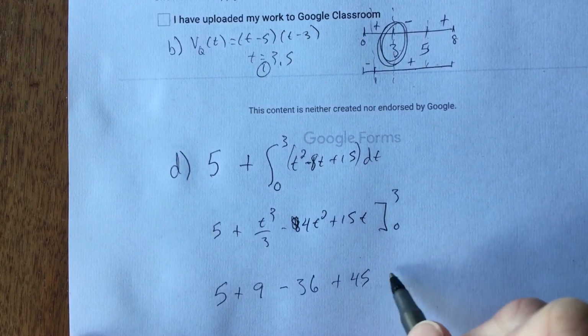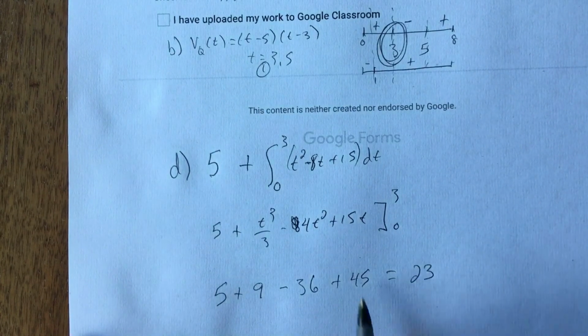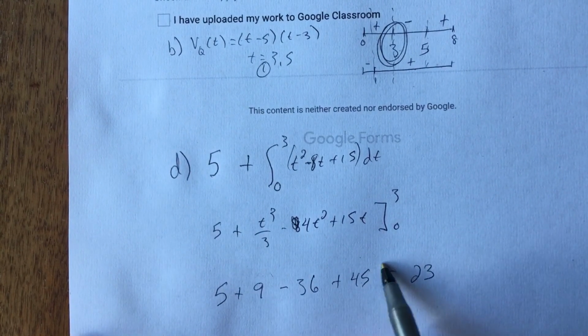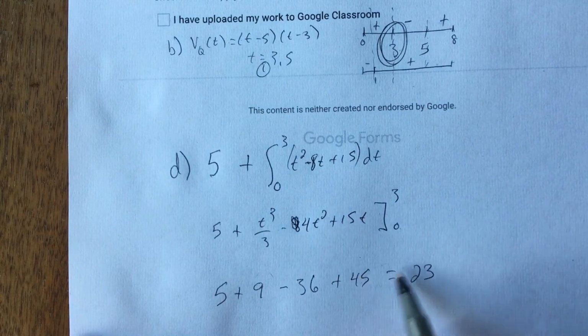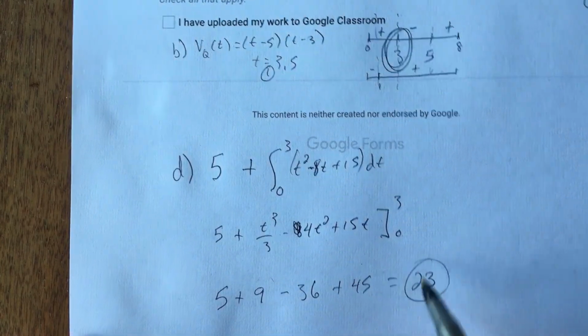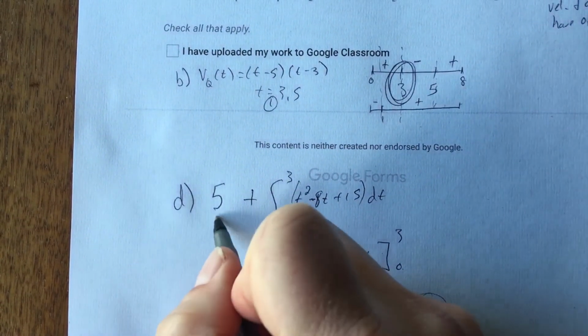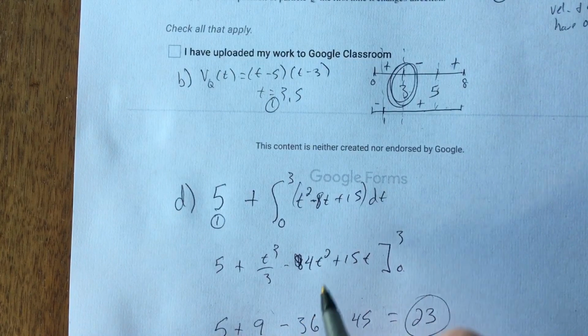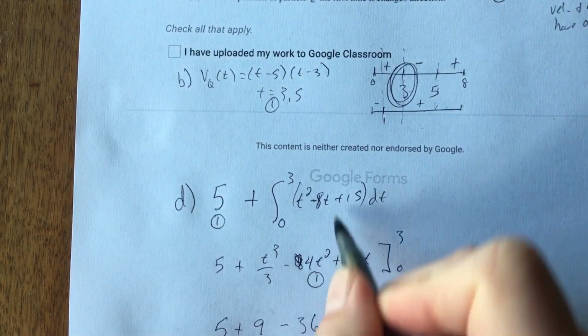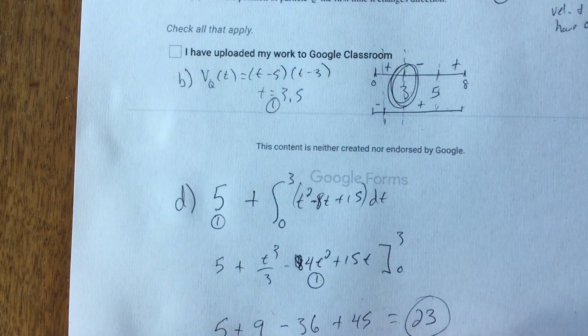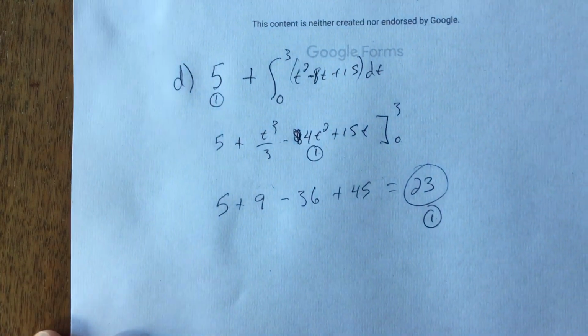And if we work that all out, we should get 23 for our answer. Now, that's the 3, obviously minus 0, so we do the fundamental theorem on that, but we end up with 23. So they gave you a point for remembering to use 5. They gave you a point for setting this up and getting to here, and then a point for having that final answer there. All right.